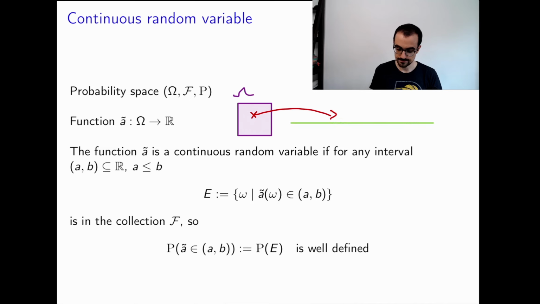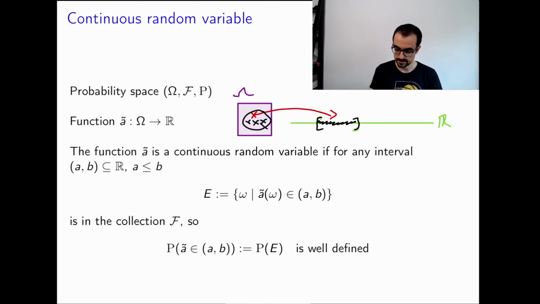To the real line in a way that the probability that you end up in a certain interval, maybe I'll draw the interval in black, the probability that you end up in a certain interval, that's the probability of all the points that map to that interval.